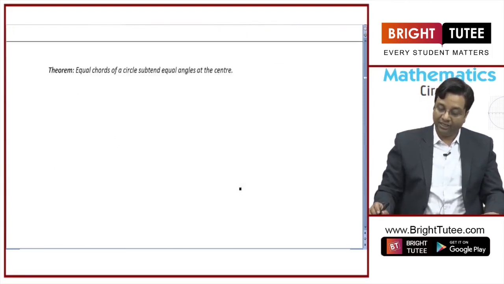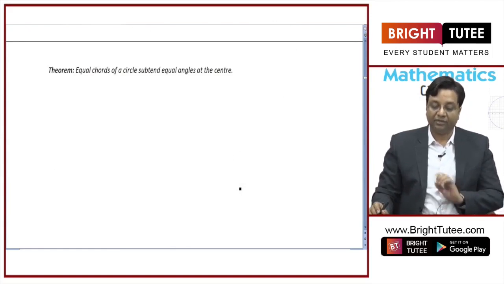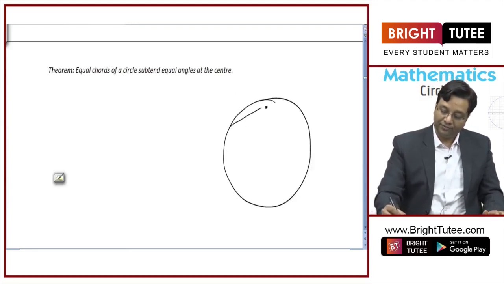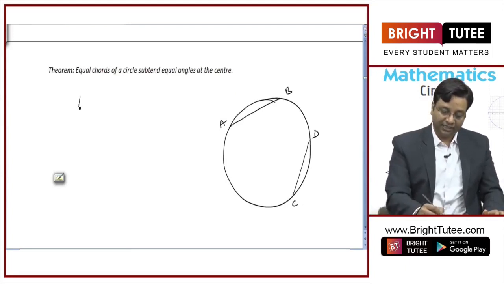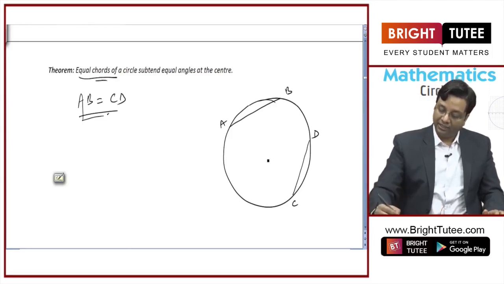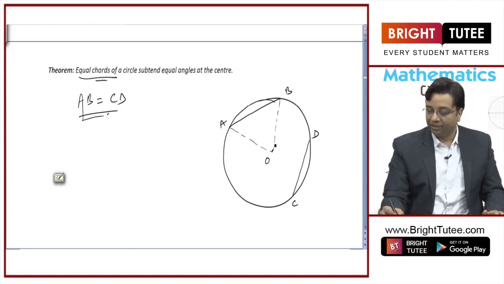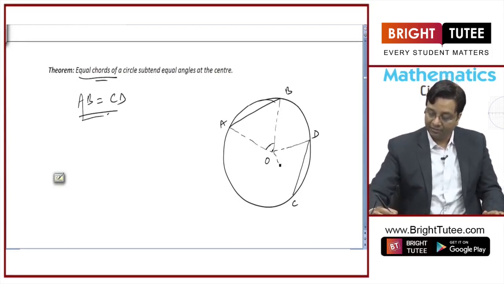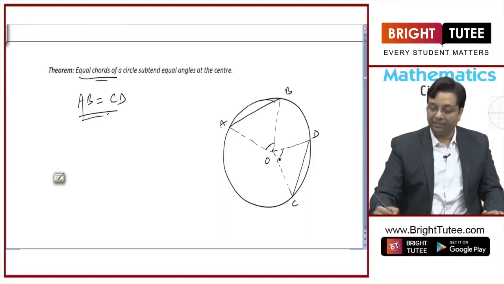The first one: equal chords of a circle subtend equal angles at the center. If I take two chords, AB and CD, with AB equal to CD, equal chords, and this is the center O. This is the angle subtended by chord AB at the center, and this is the angle subtended by chord CD at the center.